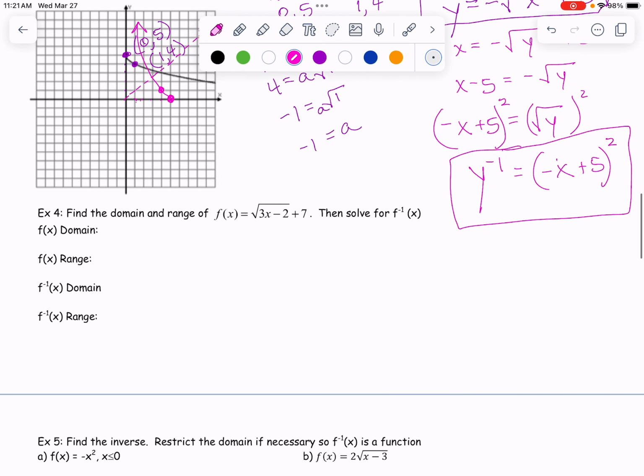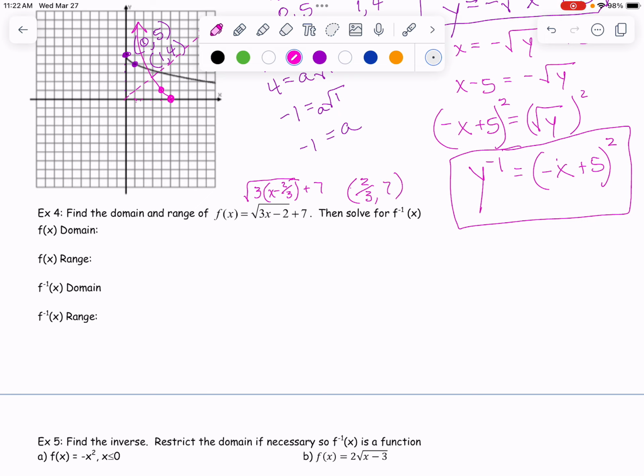Okay, so on this one, I'm going to take that 3 away. So my domain for this square root, my h, k is (2/3, 7), a square root curve.